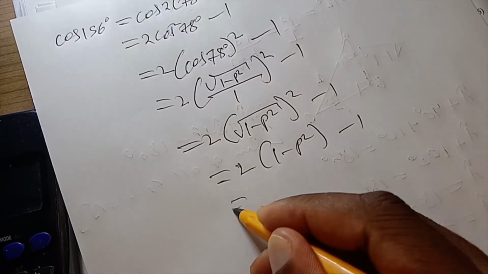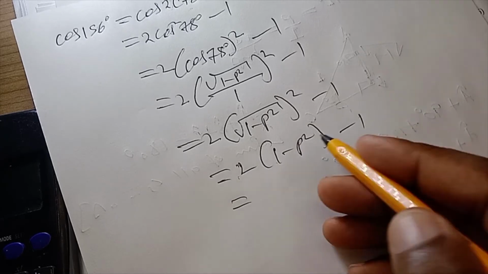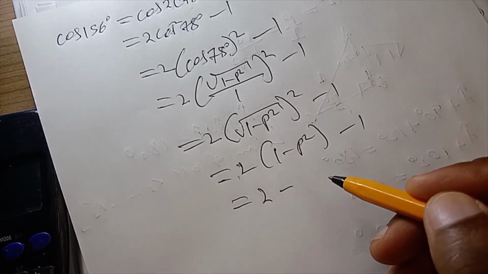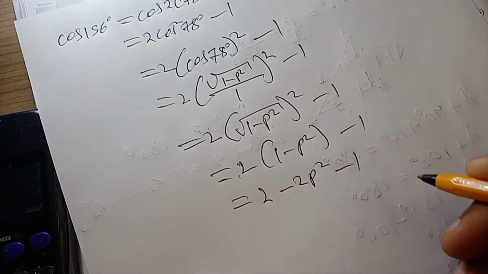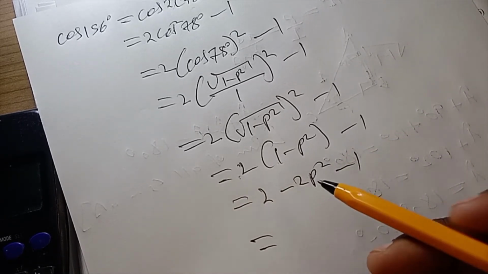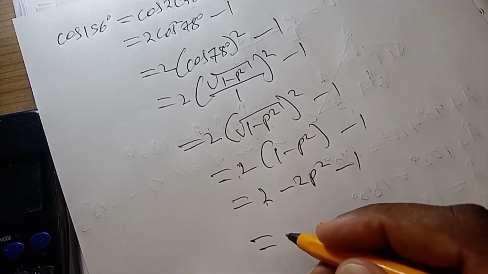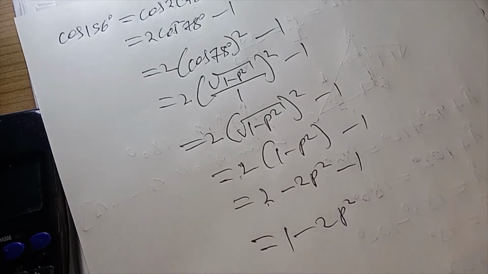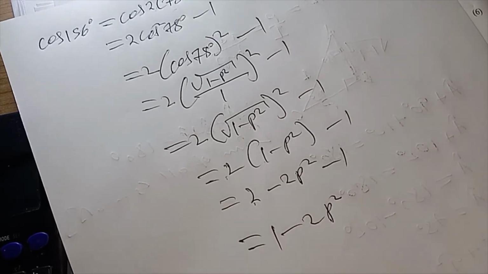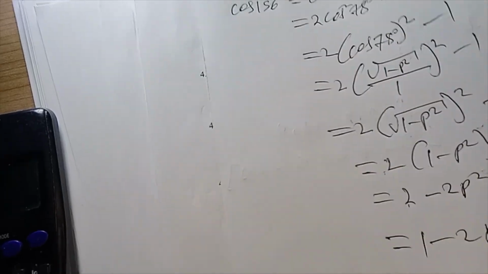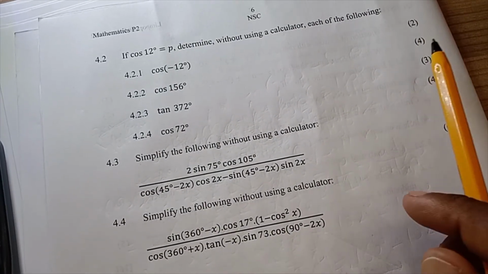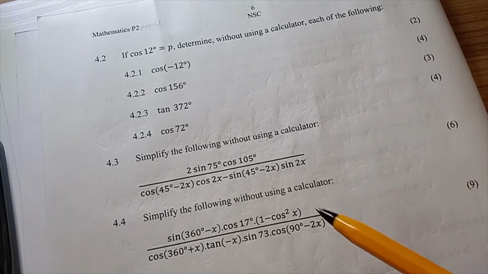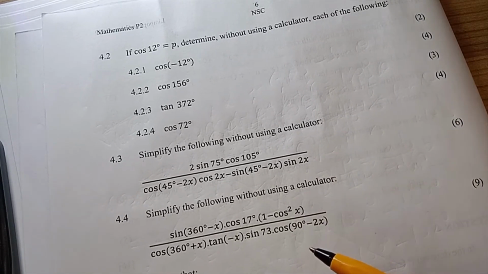Now I do the distribution. 2 multiplied by 1 gives me 2. 2 multiplied by p squared gives me 2p squared, subtracting 1 there. 2 minus 1 gives me 1. Then that should be my answer there. Even the marks, you can see 4. It means we were supposed to work a little bit.